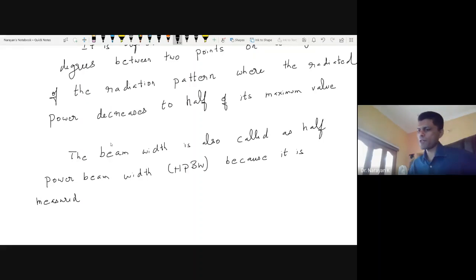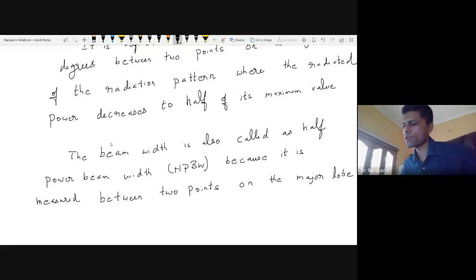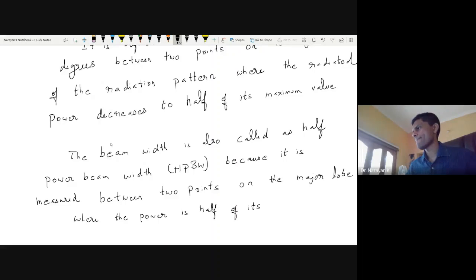Please remember that it is measured between two points on the major lobe where the power is half of its maximum value.